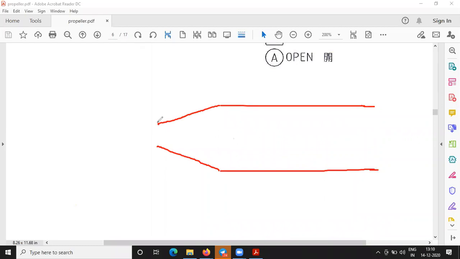Okay, let me draw the diagrams with a different color. You'll understand. This is the tail shaft. Okay, this is the propeller shaft.